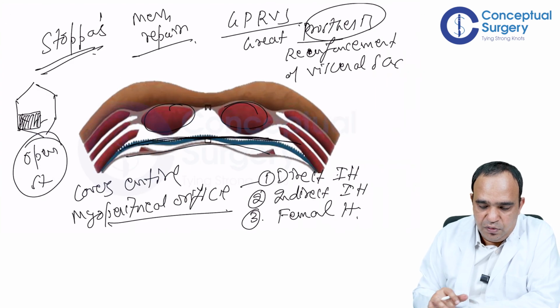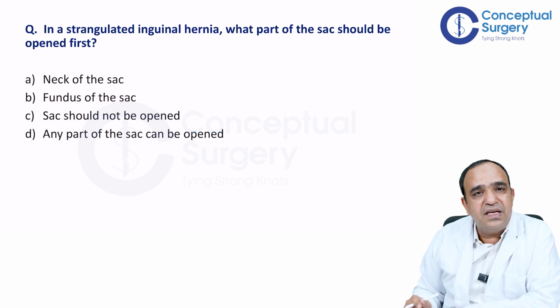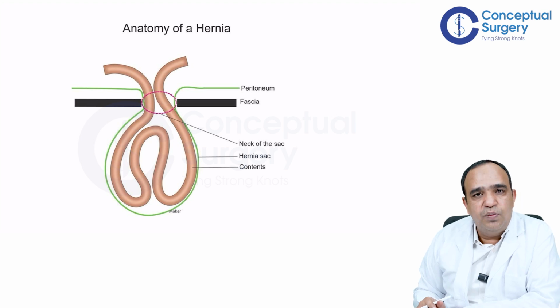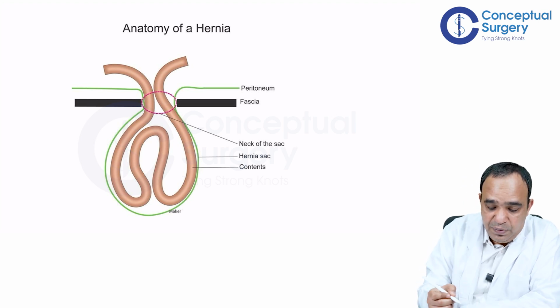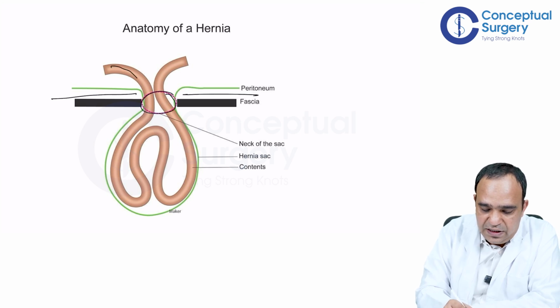Right. Now let's move on to the second question. In a strangulated inguinal hernia, which part of the sac should be opened first? That's a normal hernia, meaning the anatomy of the hernial sac. That's the wall, that's the defect, that's the hernial sac.